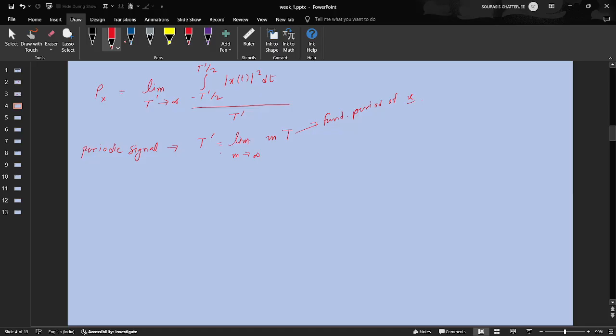Now I just replace T dash equal to mT in this expression here.